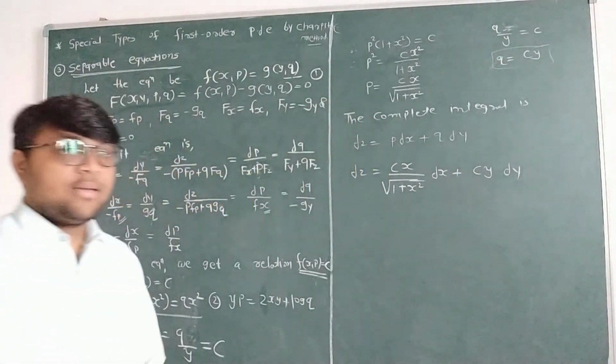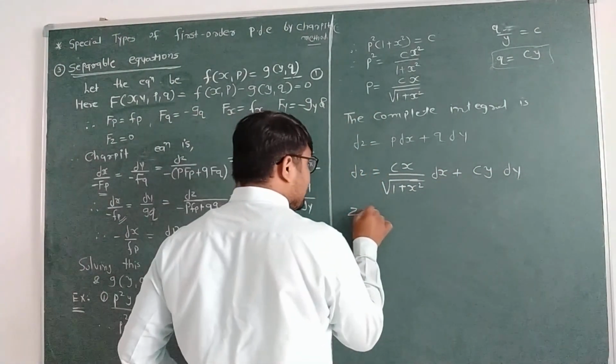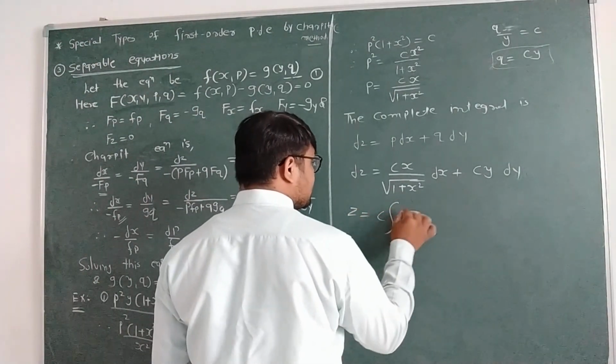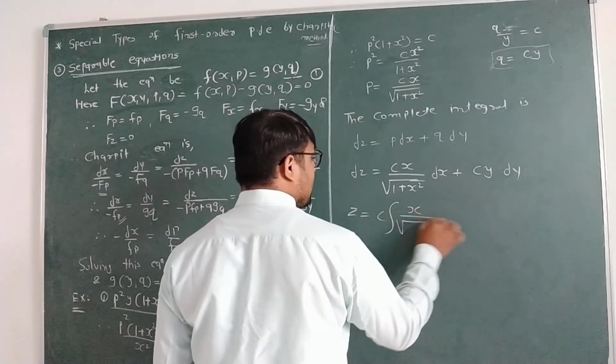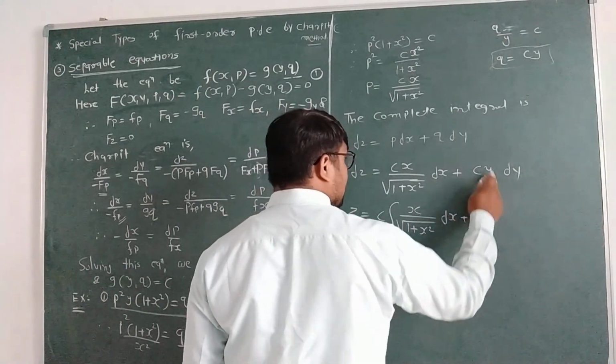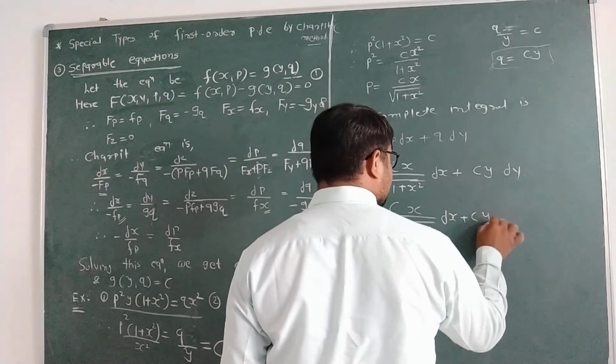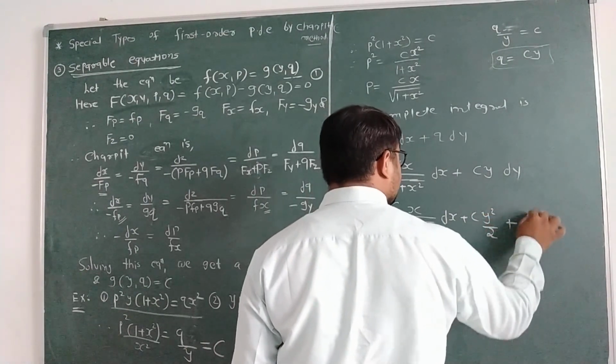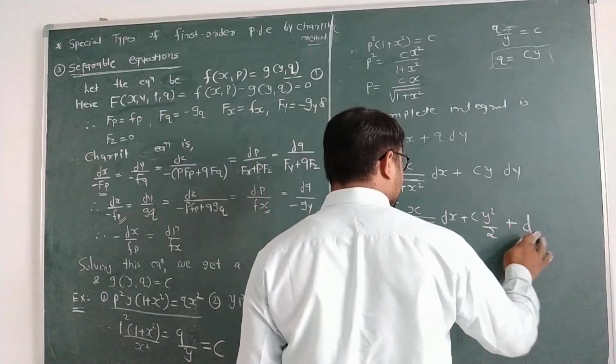So now integrating both sides, we get z equals the integral of c into x over under root 1 plus x square dx plus c times the integral of y, which is y square by 2, plus some constant, you can say b.